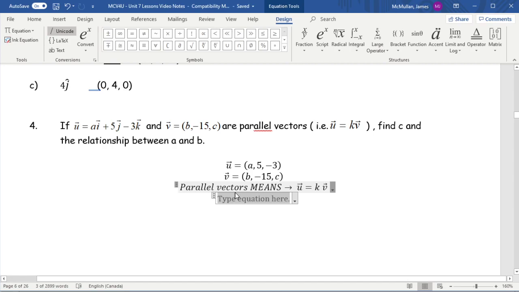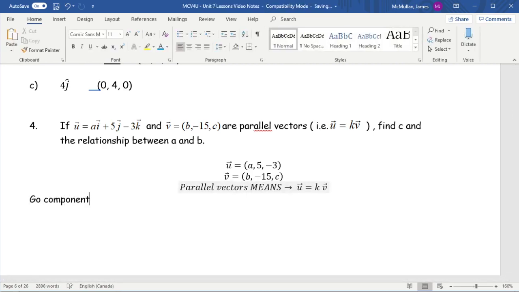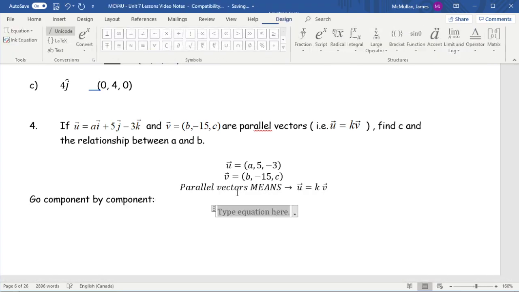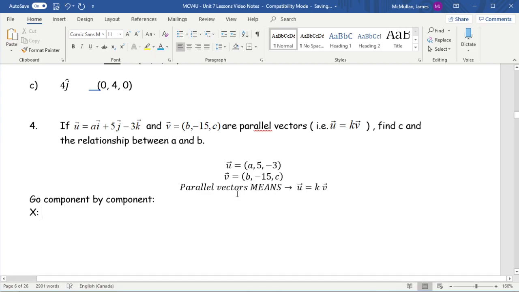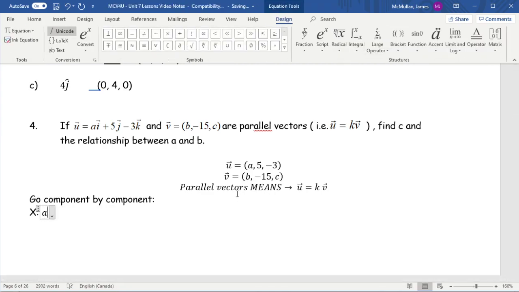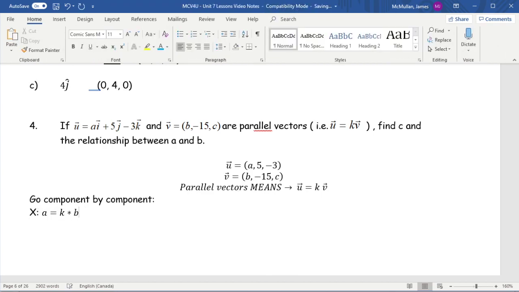So let's break it down and go component by component. Let's talk about the x components first. a equals kb. In the y coordinate, 5 equals k times negative 15. In the z component, negative 3 equals kc.